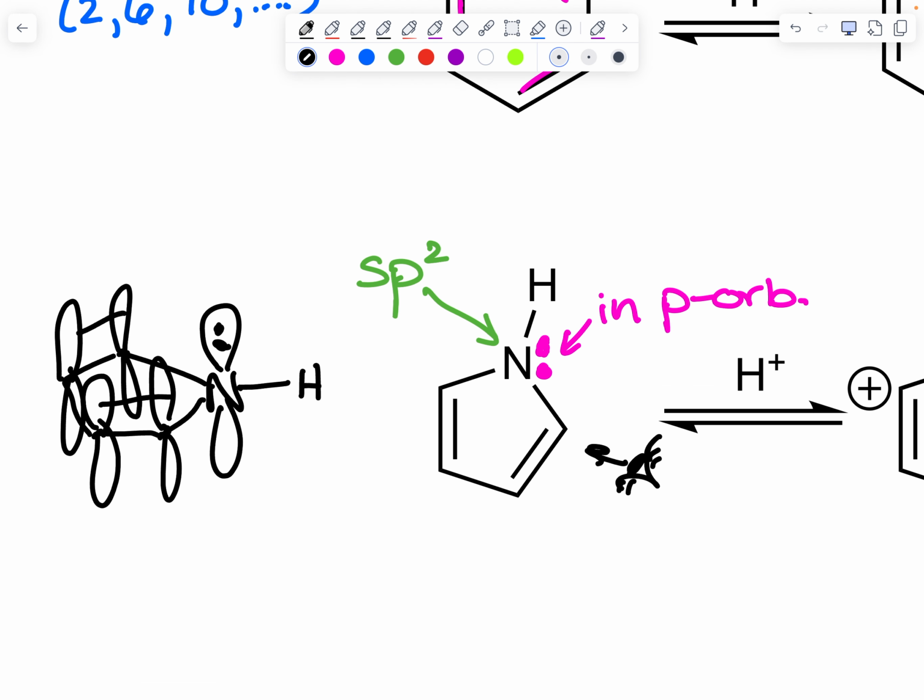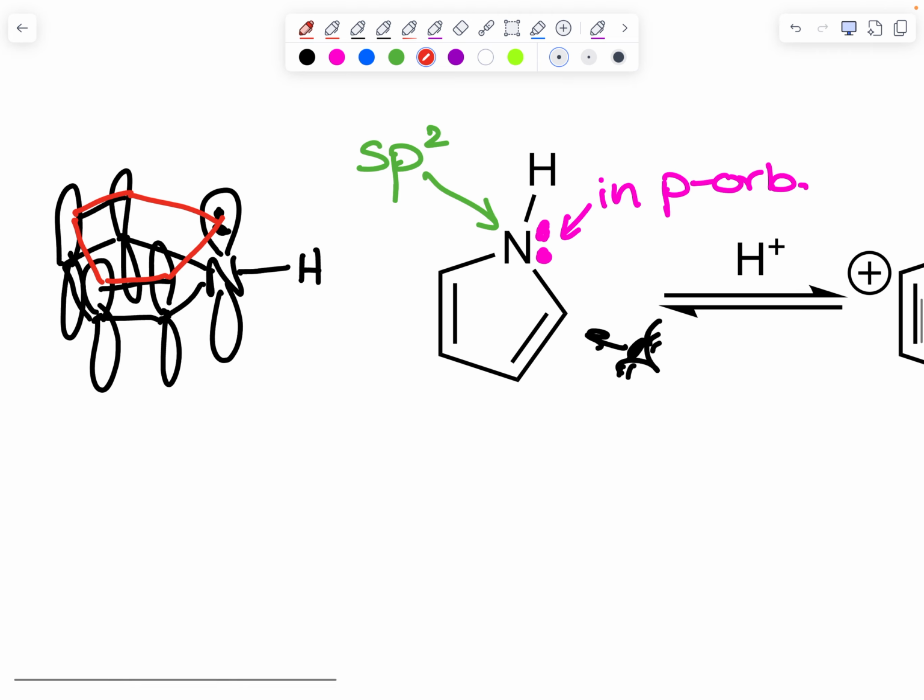So why is it more acidic? The ring must break aromaticity for the nitrogen to be basic.